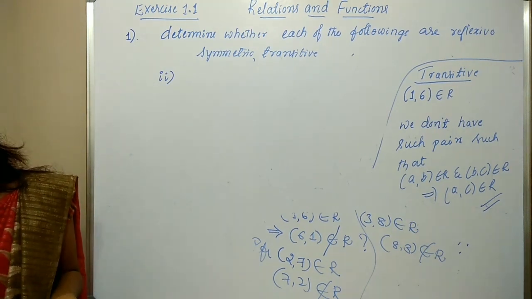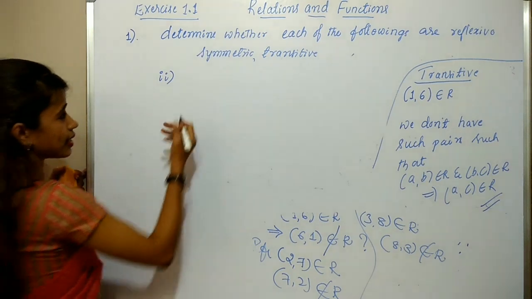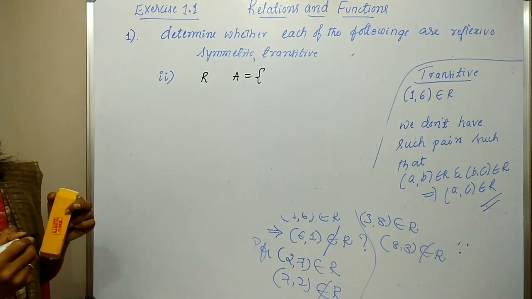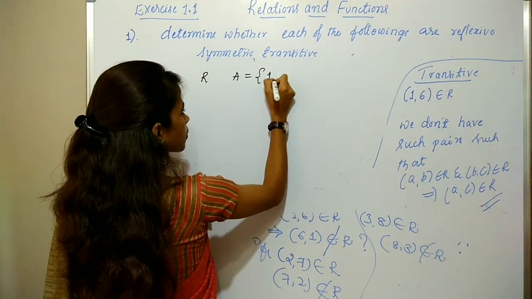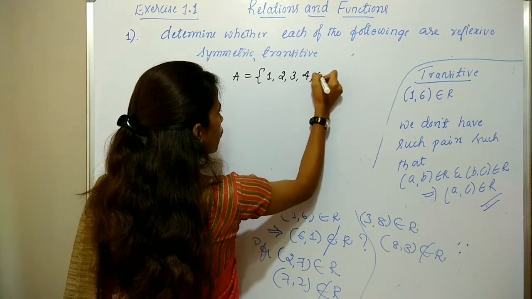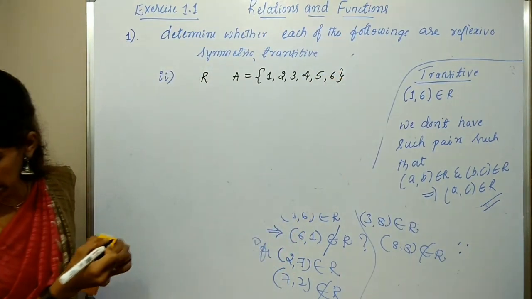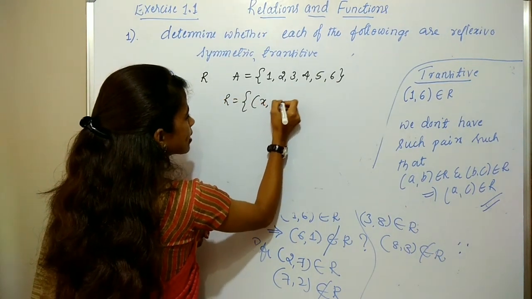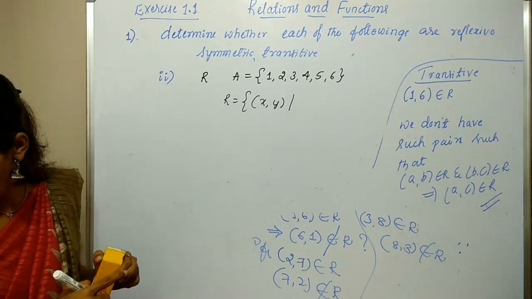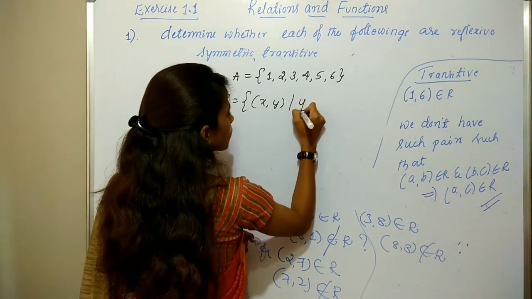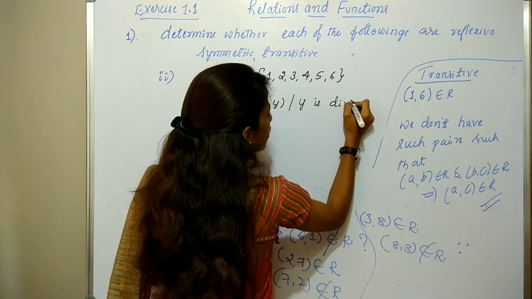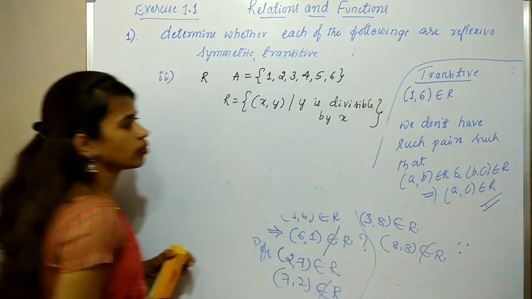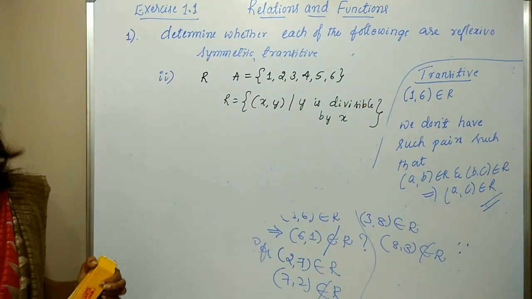The relation R in the set A is equal to 1, 2, 3, 4, 5, 6, with the relation R defined as the set of all x, y such that y is divisible by x. That is the question.